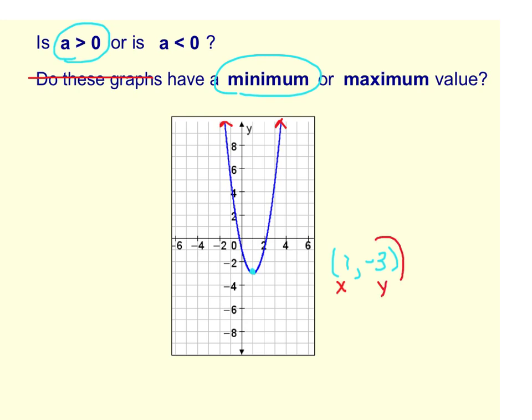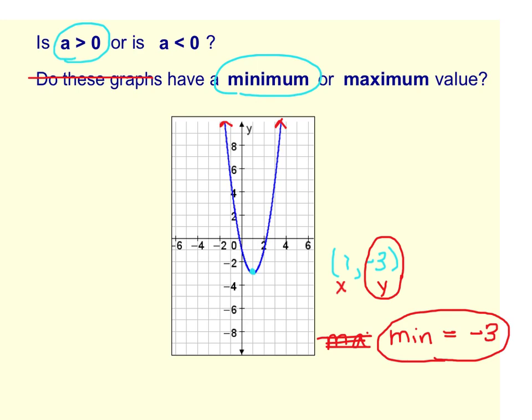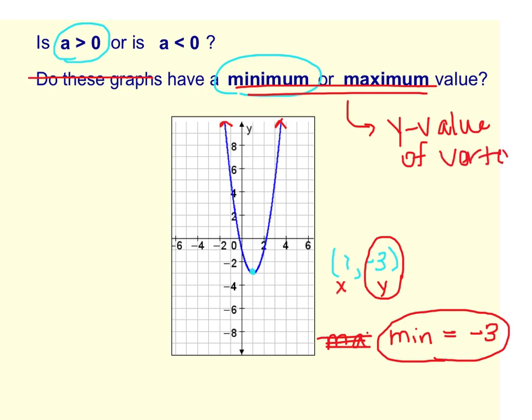So for your maximum or your minimum, you need to know what the vertex is, but it's the y value that we care about. So not a max. This one, the minimum value is equal to -3. So it's just a number, but that number will always be the y value of your vertex. So maximum or minimum, if you want to just make a note, it's the y value of the vertex every single time.